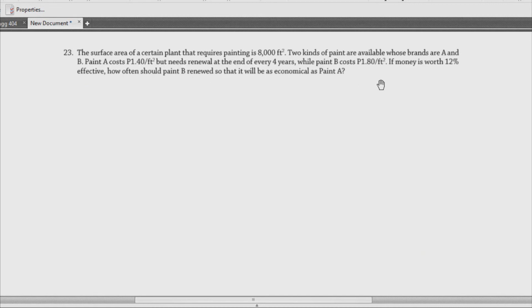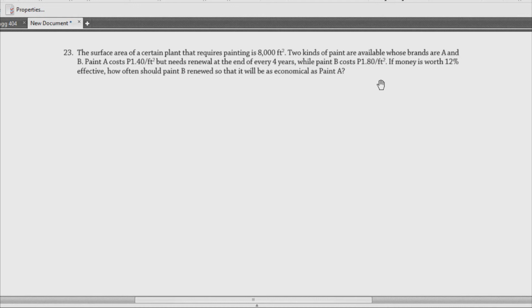Now for this next problem is some kind of application sa paints, no. So we have two options para tong extended version ng ating mga decision making or yung ating present economy studies. So for number 23, we have the surface area of a certain plant that requires painting is 1,000 feet squared. So in short, same area lang yung pipintahan ng both paints.